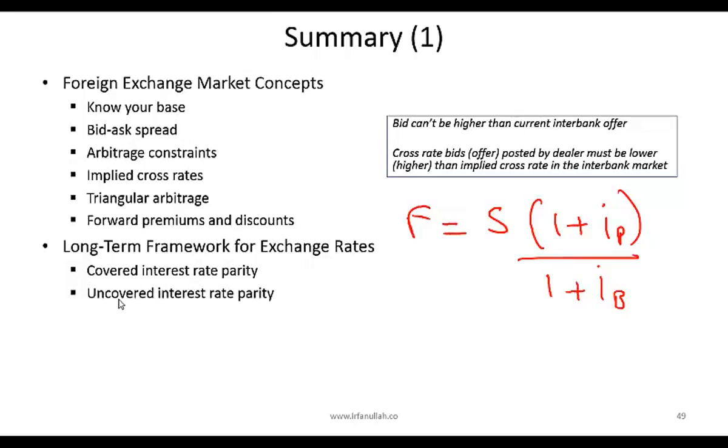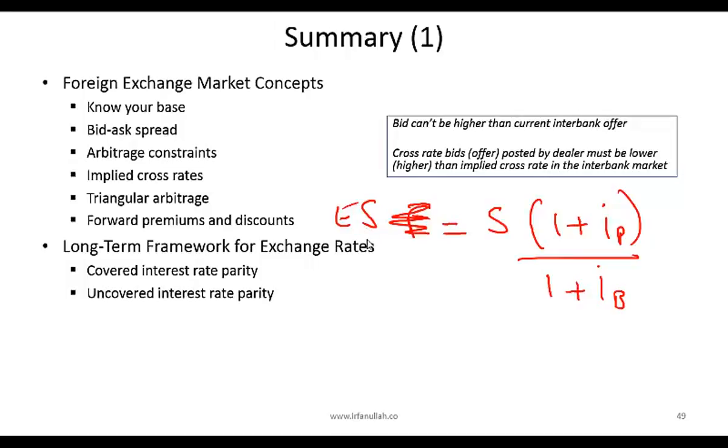The next relationship is uncovered interest rate parity, which is almost exactly the same, except that rather than saying forward rate, we say the expected spot rate is this. This particular relationship doesn't hold through arbitrage. Why? Because you do not know what the spot rate will be in the future.